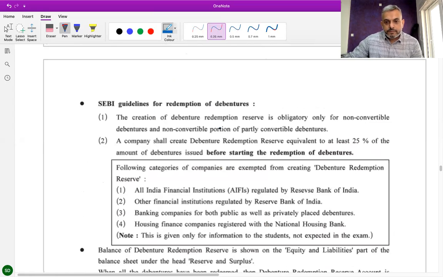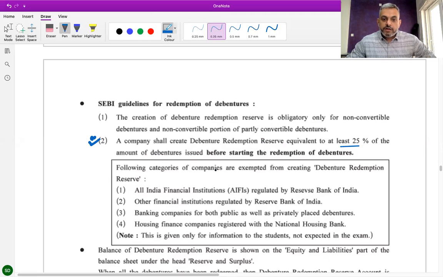Now, creation of debenture redemption reserve is obligatory only for non-convertible debentures and the non-convertible portion of partly convertible debentures. Now, important point number two, a company shall create debenture redemption reserve equivalent to at least 25% of the amount of debentures issued before starting the redemption of debentures.